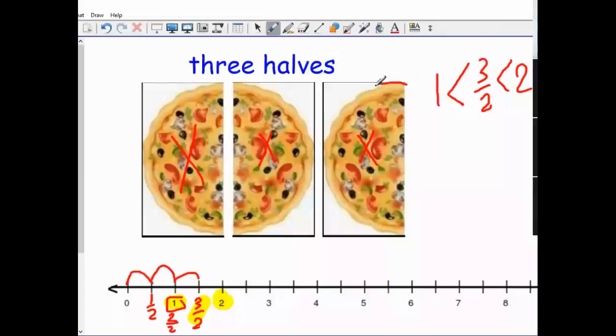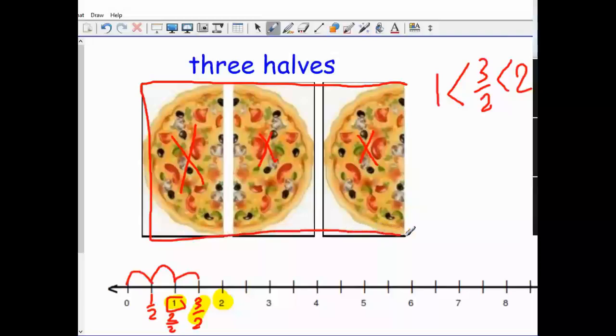But if you looked at the picture, 3 halves makes how many pizza? Jenny, 3 halves makes how many pizza? Three halves makes one whole and half.